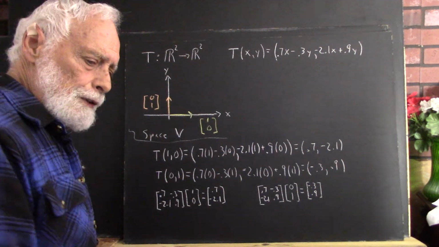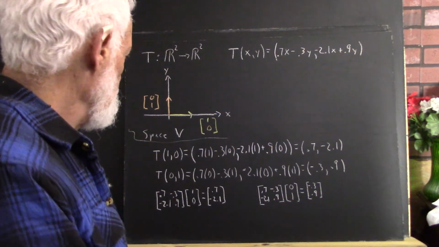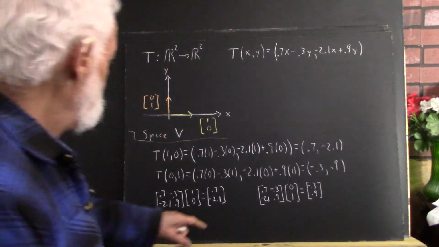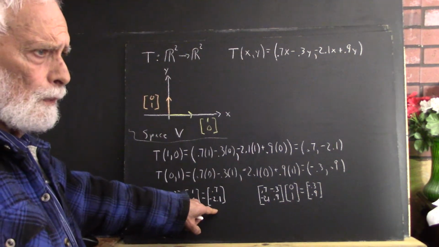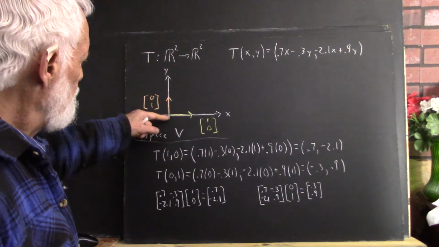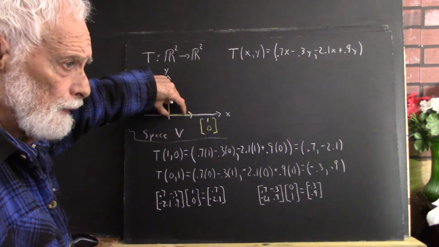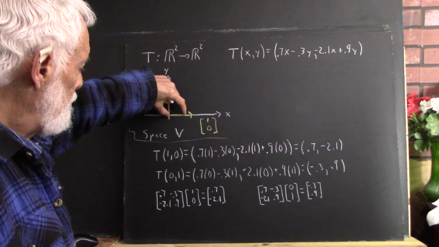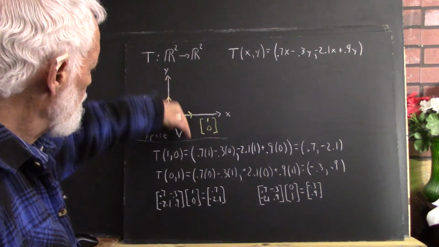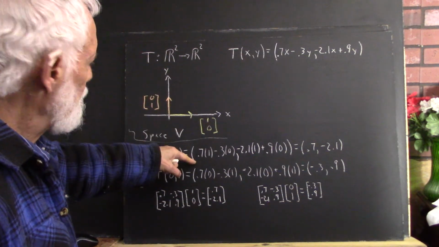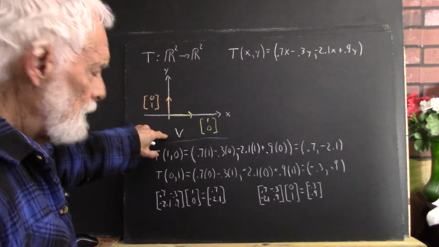Well, we can then say that, and I'll do this very lightly, that 0.7, negative 2.1, well, that would be a vector that comes out 0.7 units. Now this one comes out 1, so 0.7 would be about here. And then a negative 2.1, well, that's going to come down way down into here, so I'm not going to draw it here.